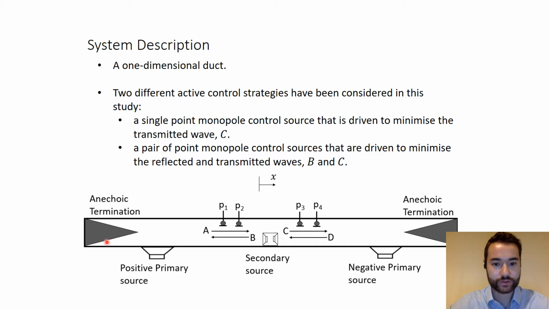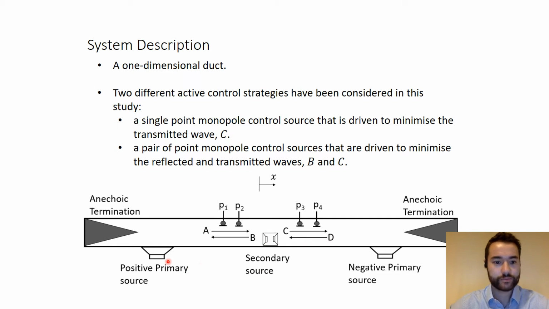As you can see here, you've got an anechoic termination and primary source at each end of the duct, and an active control unit placed in the center, with two pressure microphones either side. The positive and negative traveling waves in the upstream and downstream sections of the duct are also shown here, and these are labeled from A to D.